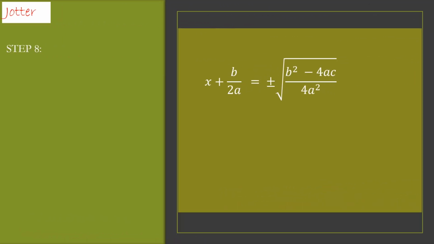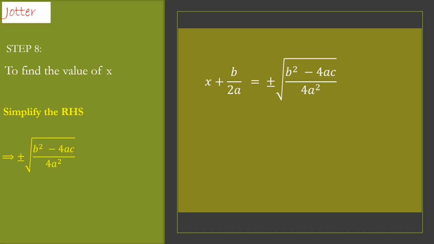In step 8, we are still in the process of getting x out. Now, before we finally get x, let us look at the right hand side. We can also simplify the right hand side. In simplifying the right hand side, we have the square root of the numerator and the square root of the denominator separately. Because in the denominator, we can find the square root of 4 and the square root of a squared.